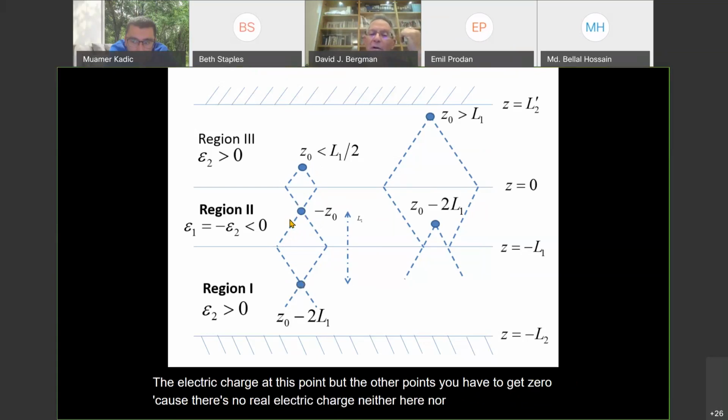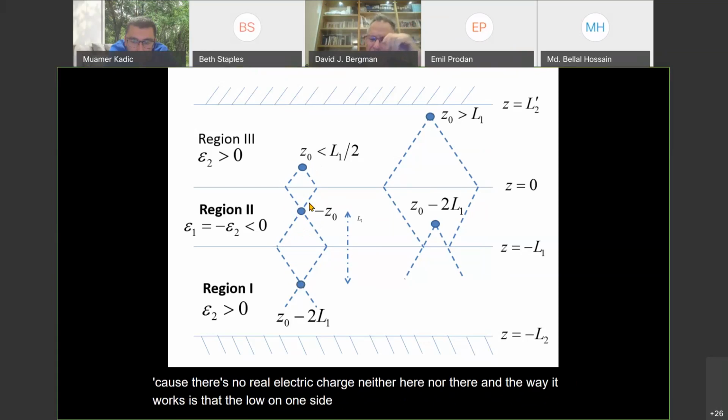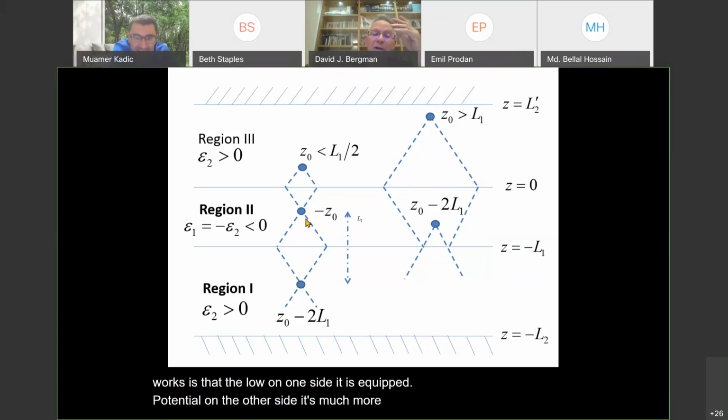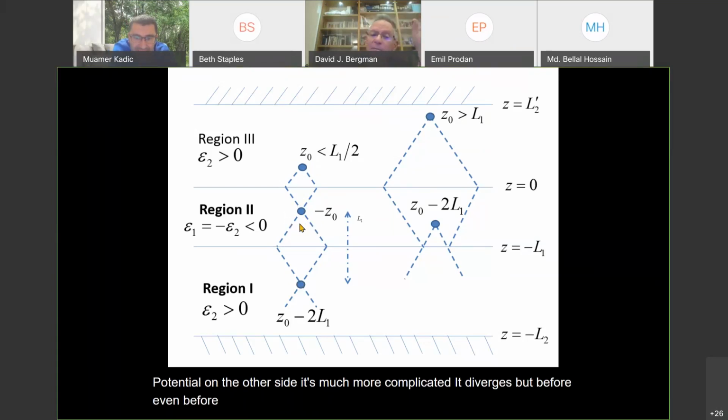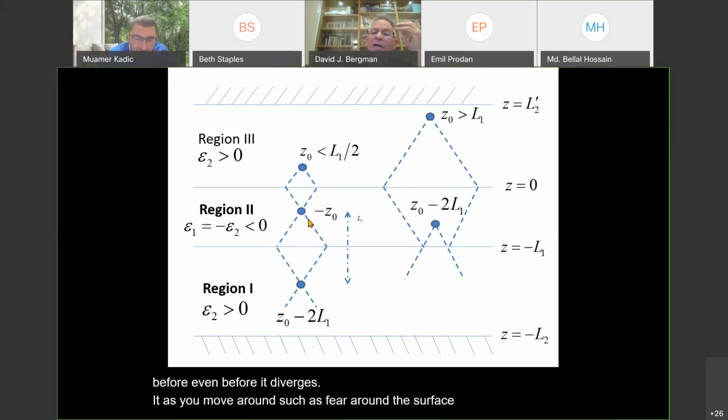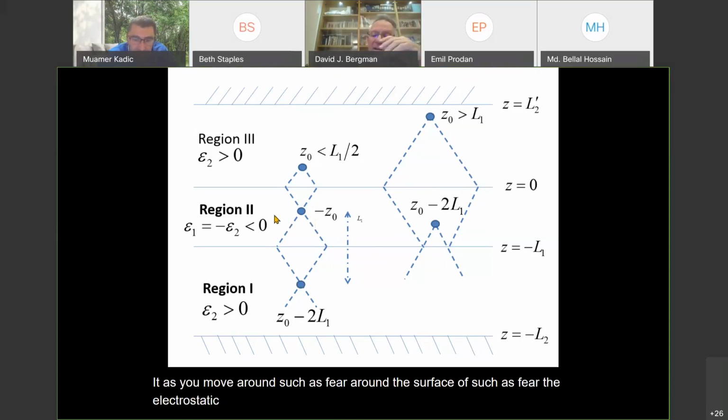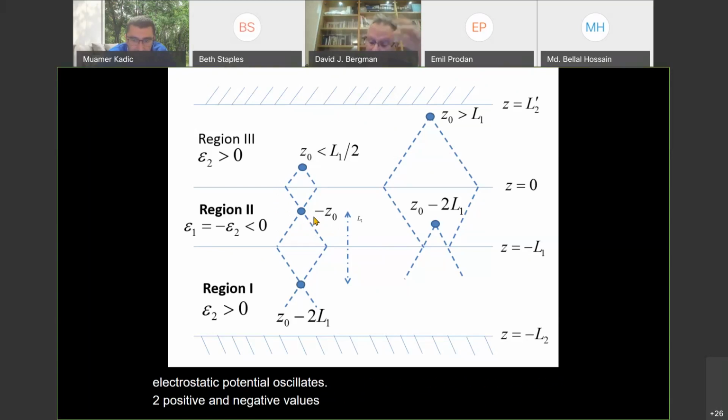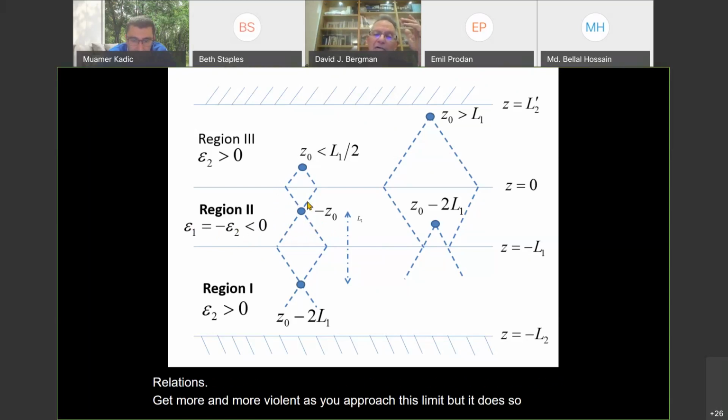The way it works is that although on one side is a Coulomb potential, on the other side it's much more complicated. It diverges, but even before it diverges, as you move around the surface of such a sphere, the electrostatic potential oscillates between positive and negative values, and the oscillations get more and more violent as you approach this limit, but it does so in such a way that the integral vanishes.